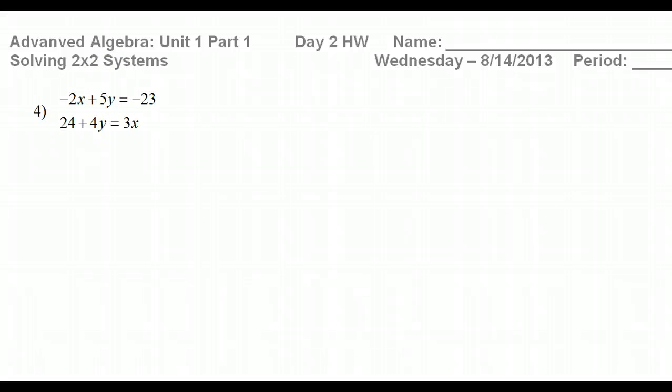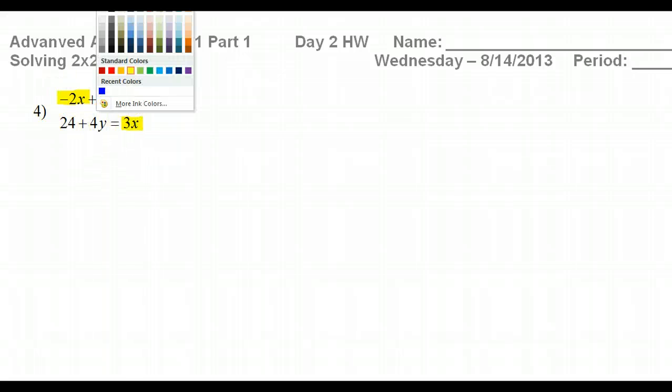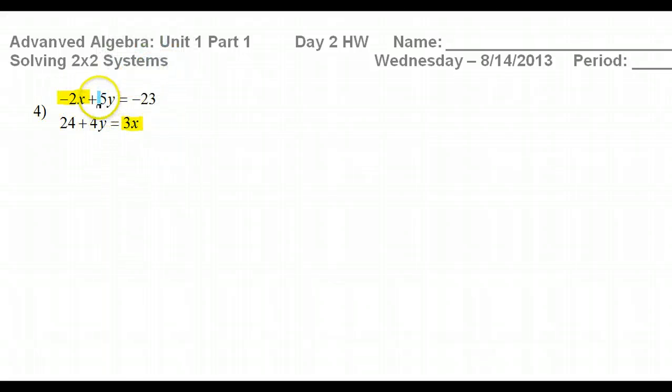Now, be careful though, because the terms are not lined up properly. Look at this. Here's an x term, and there's an x term. They should be lined up. The y terms are in fact lined up, so that's good.